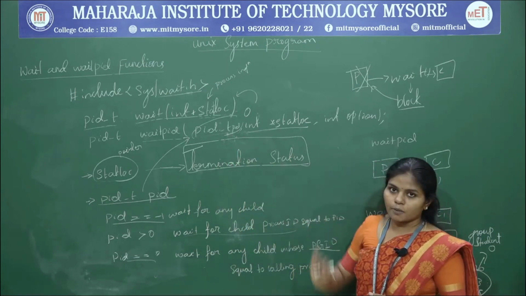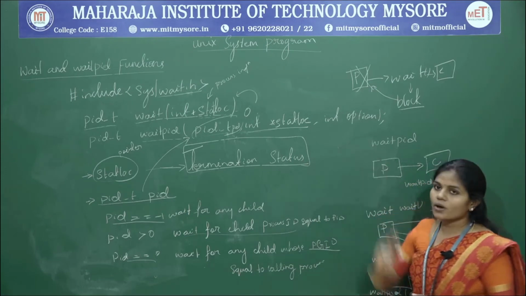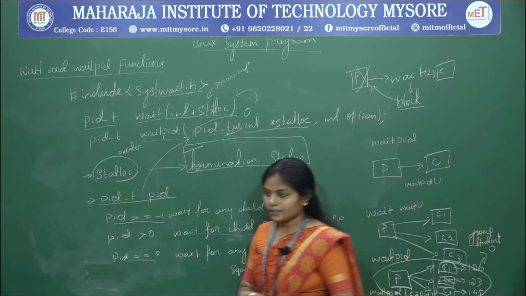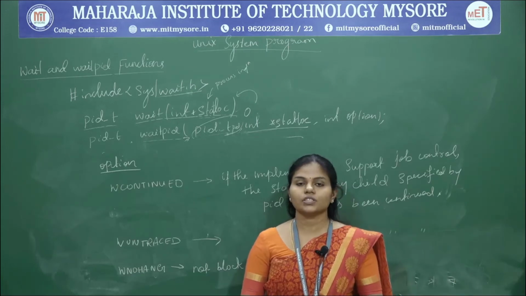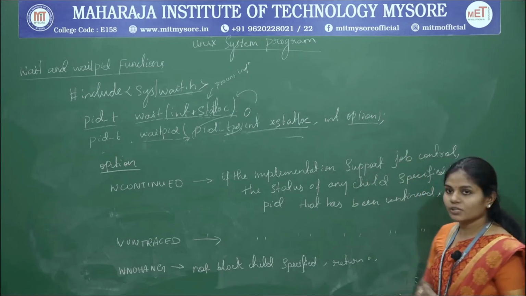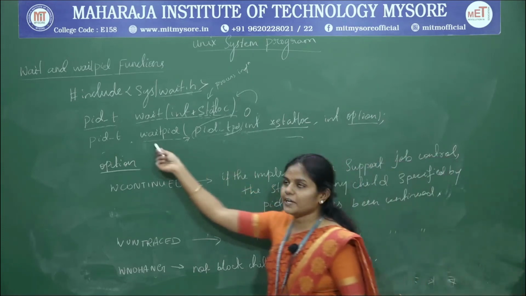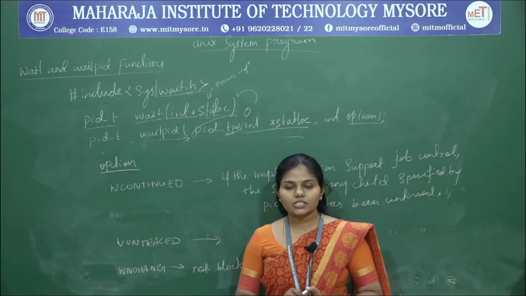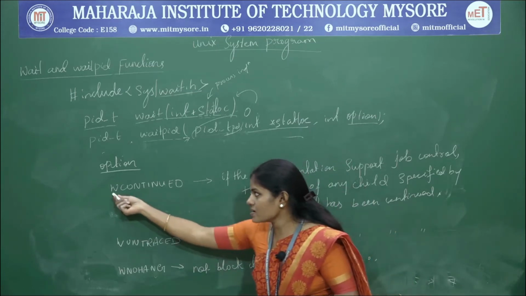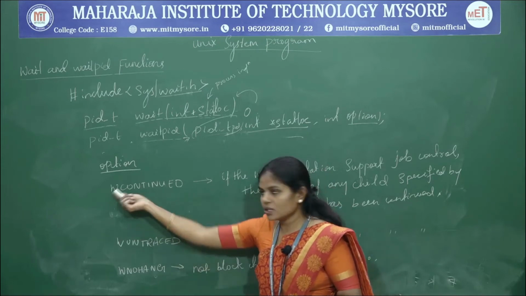We have come across the second parameter. Let us see the third parameter for waitpid. Let us continue with the third parameter, that is the option, for the waitpid API. This option is going to take 3 important values, right? One is WCONTINUED, where W is prefixed.